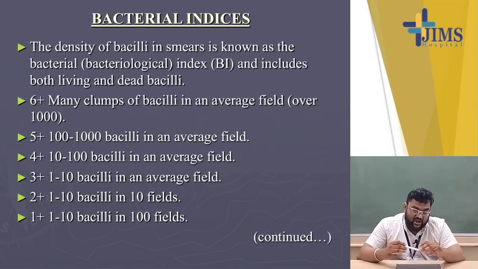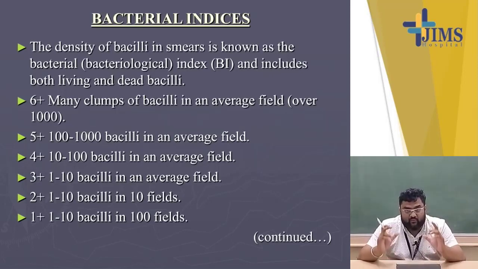Bacteria indices. When we test for leprosy bacilli through slit skin smear, we examine the slide under the microscope, and we categorize the patient as 6 plus, 5 plus, 4 plus, 3 plus, 2 plus and 1 plus. So 6 plus means we see lots of bacilli in an average field of the microscope, more than 1000.